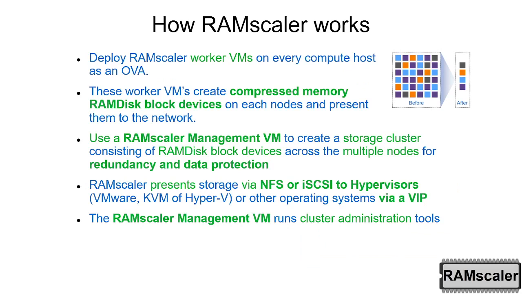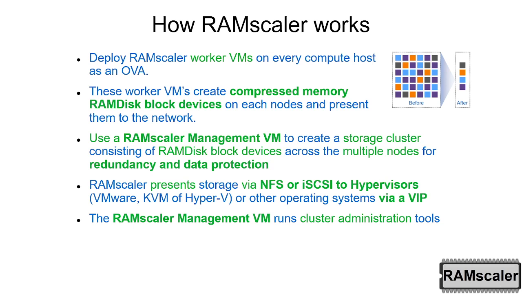How does RAMscaler work? Well, we simply put a worker virtual machine on every compute server in the data center. That worker virtual machine creates compressed memory RAM disk block devices, presents those up to a network.